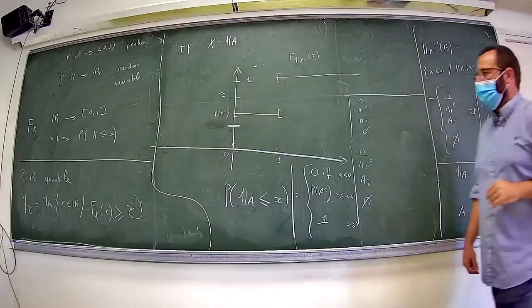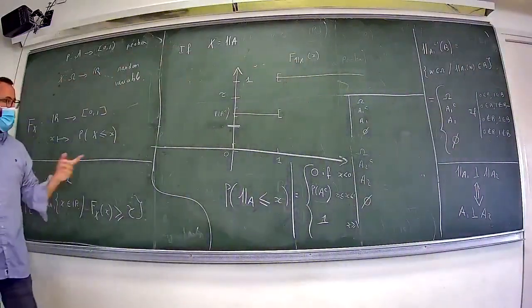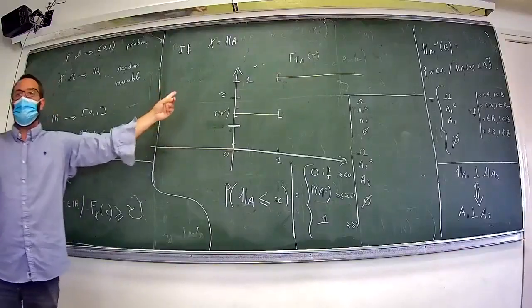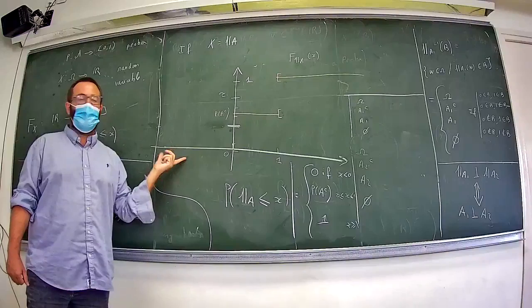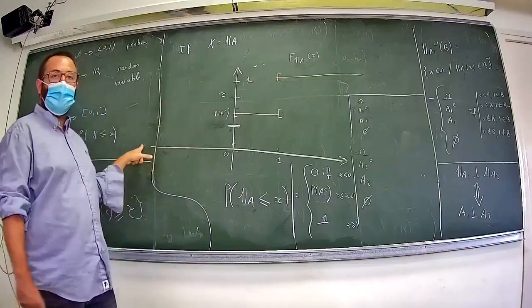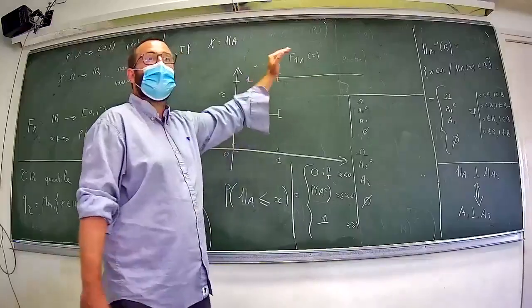Okay? So you have the definition of the distribution function. And we have seen together here an example in the case of the indicator function. I remind you that in this particular example I have seen some properties: limit in minus infinity is 0, limit in plus infinity is 1, and it is increasing.